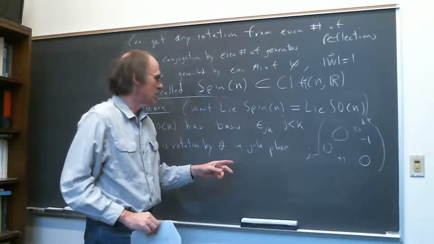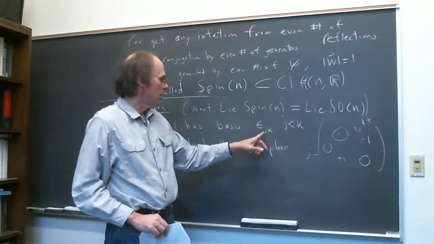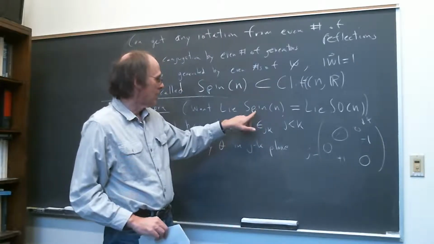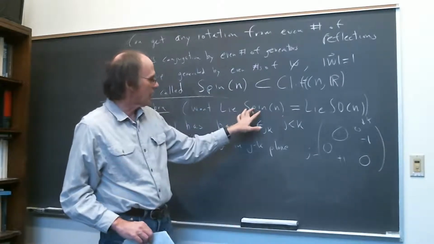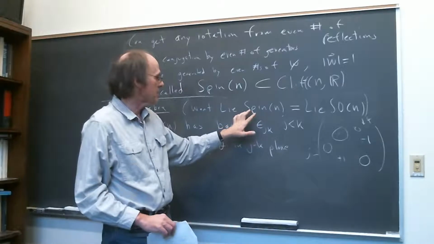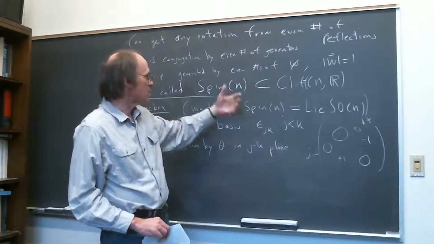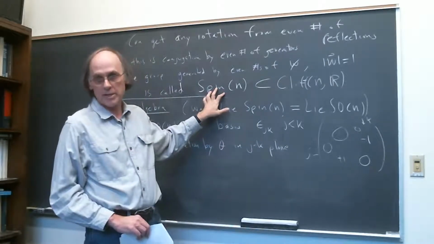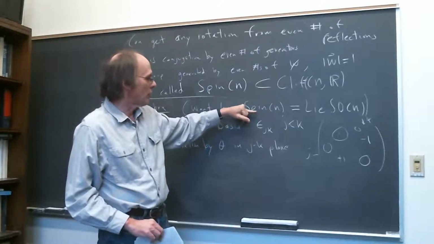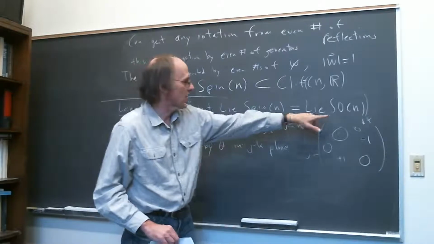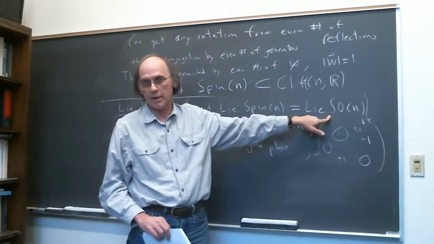Now the question is what we want. We want the Lie algebra of Spin(n) to be things which you can exponentiate and end up in Spin(n), and we want to find out what corresponds to the epsilon_jk basis on this side.